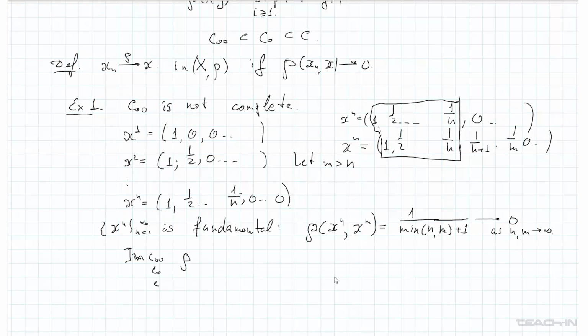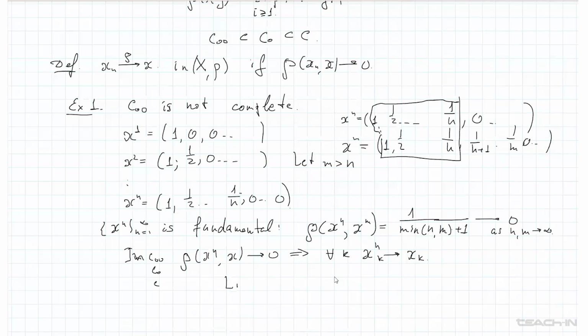From this metric in C00, C0, and C, from the convergence by metric, it follows that for any k, the k-th coordinates converge to the k-th coordinate. And we see that by coordinates, this sequence, our example, is not finite.